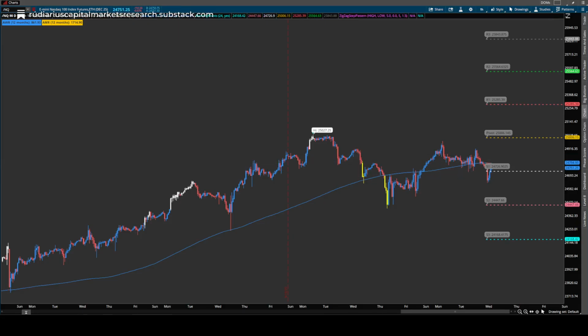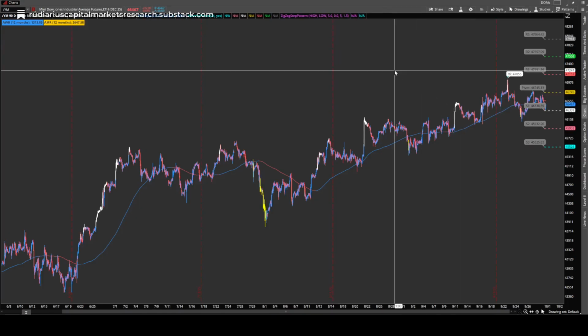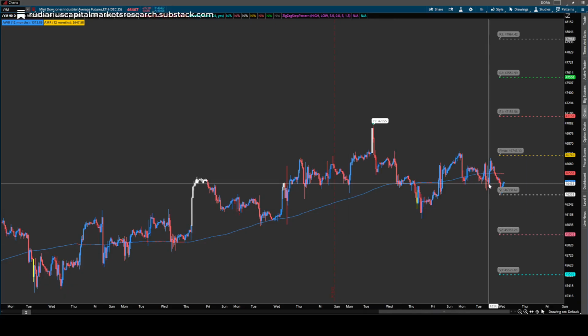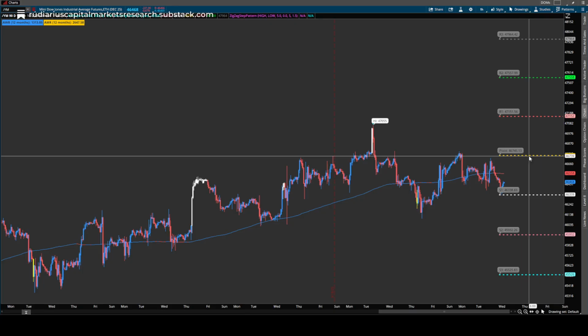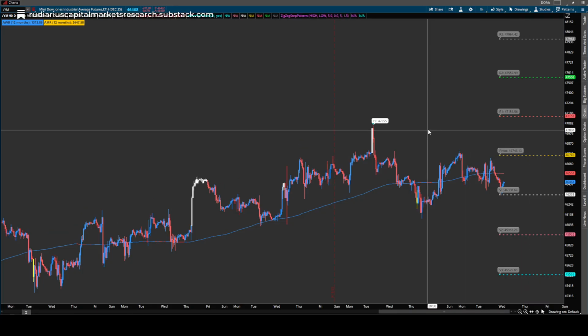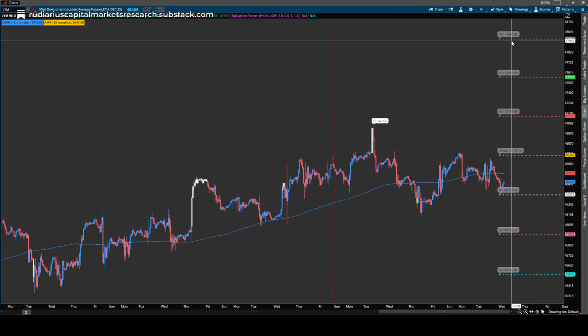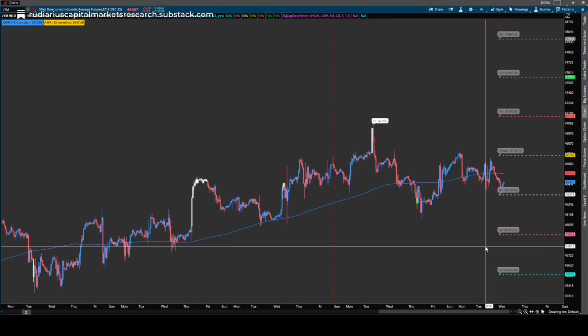Okay, move on to the Dow. The old boomer Dow. Let's get September into context. Here we go. All right, pivot here 46,745. Third resistance 47,964. Third support 45,526.